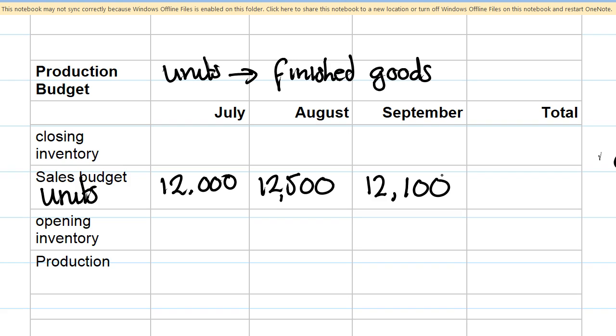Just as in the previous recording, we need to adjust those quantities for our opening and closing inventory requirements. And that will then enable us to work out how many do we need to make to satisfy customer demand and to make sure that we have sufficient in stock to deal with any contingencies. Our opening inventory was given to us in the question.